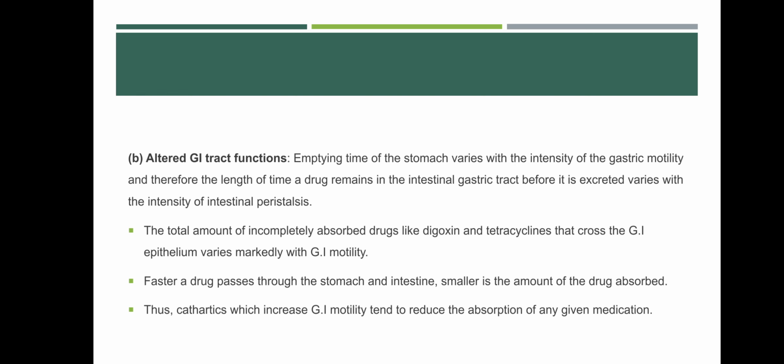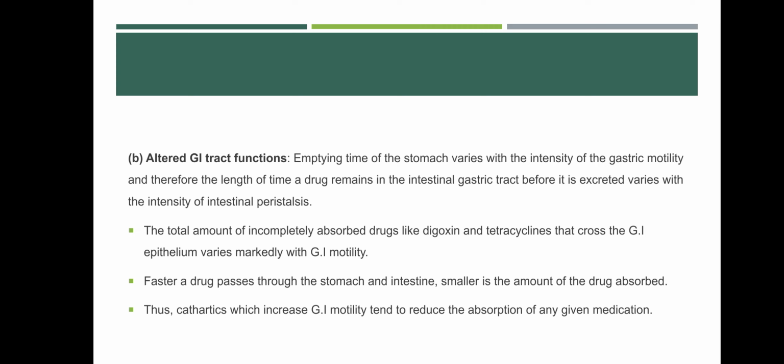Next is the altered GI tract function. In this, the emptying time of the stomach varies with the intensity of gastric motility, and it also depends on the length of time a drug remains in the gastrointestinal tract. The total amount of unabsorbed drugs like digoxin or tetracyclines that contact the GI epithelium will markedly vary with the GI motility.